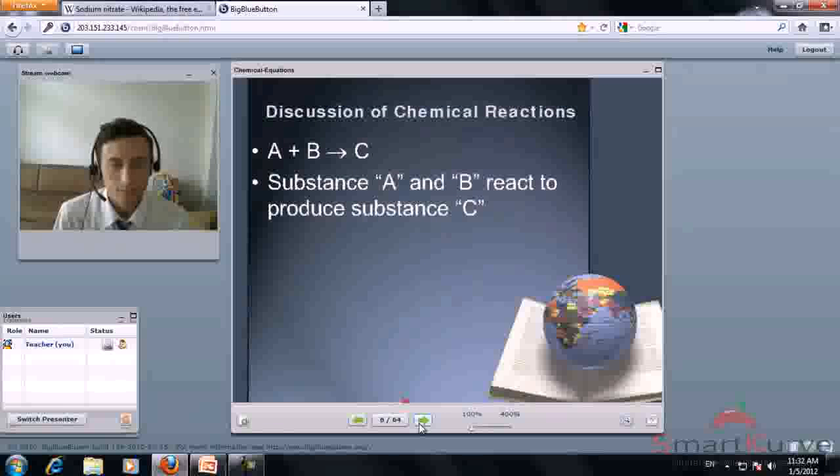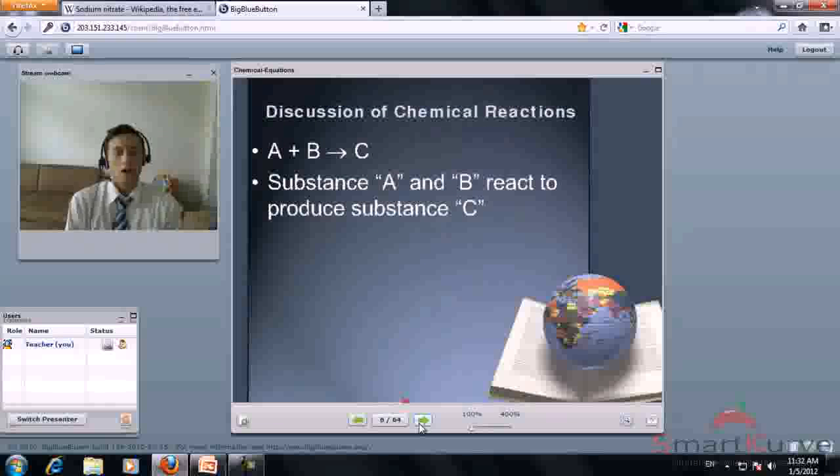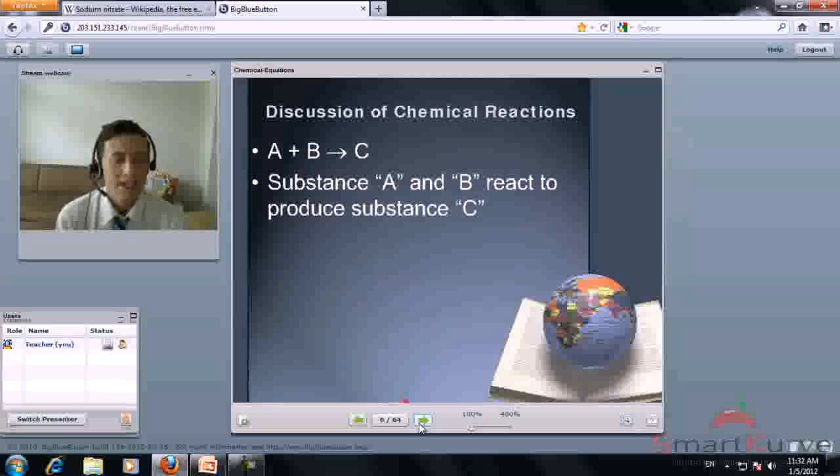Here is the basic formula for a chemical reaction: A plus B yields C. That means substance A and substance B react to produce substance C. And we're going to look at several examples of this later in the presentation.